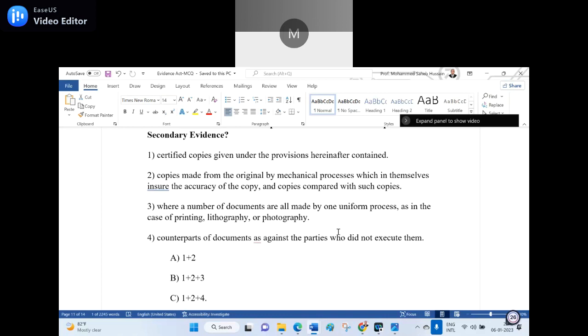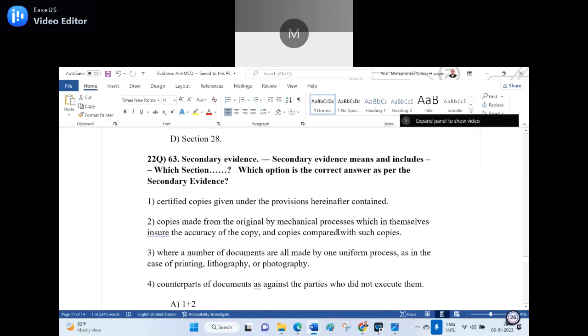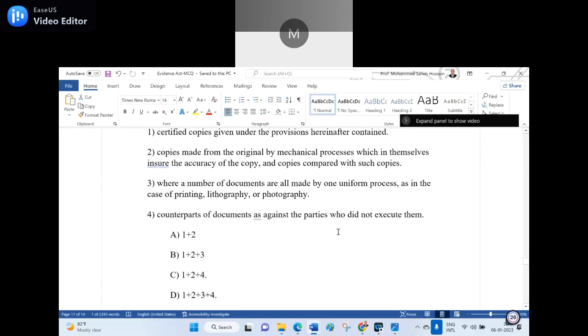Where a number of documents are all made up by uniform process, as in the case of printing, lithography and photography. 4. Counterparts of documents as against the parties who did not execute them. Options: A, 1 plus 2; B, 1 plus 2 plus 3; C, 1 plus 2 plus 4; D, 1 plus 2 plus 3 plus 4.